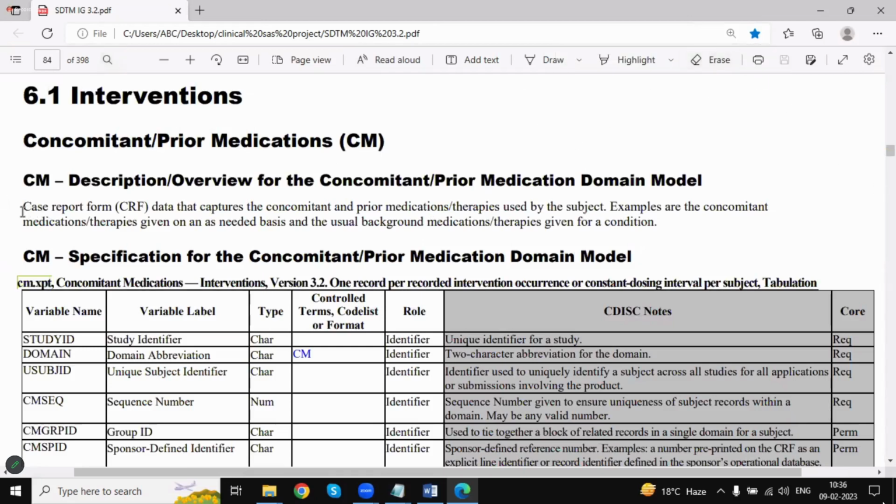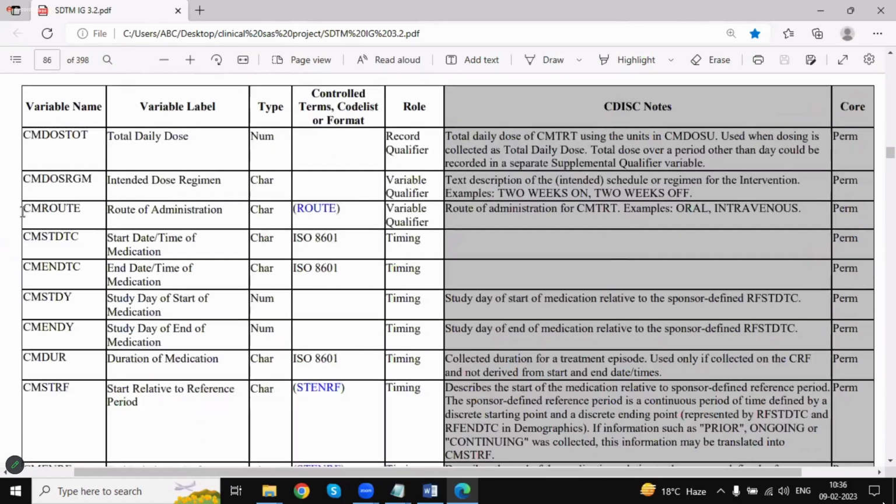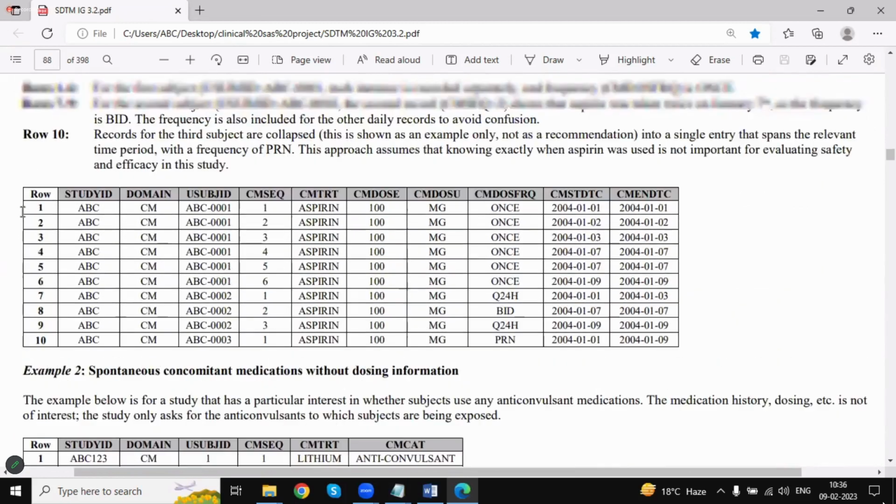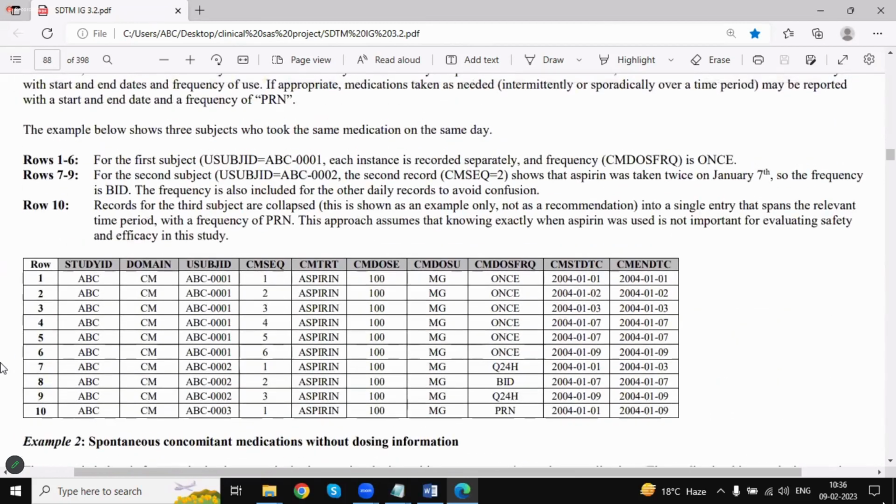See, what variables are there? Study ID, domain, unique subject ID, sequence number, treatment, dose, units, frequency, start dates, and end dates.